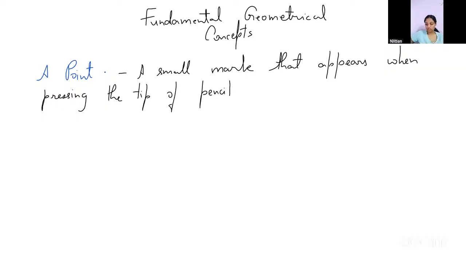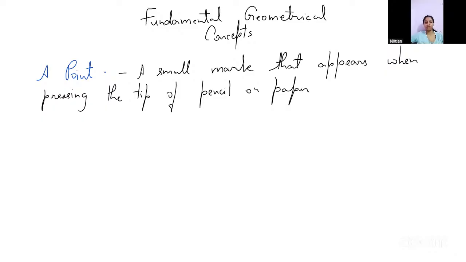Ma'am, in geometry, we learn about right angles. No, this chapter is not about angles. This chapter is about basic things that are there in geometry, such as a point, line, line segment, very basic and introductory. Not angles, but just the things that are there in geometry.